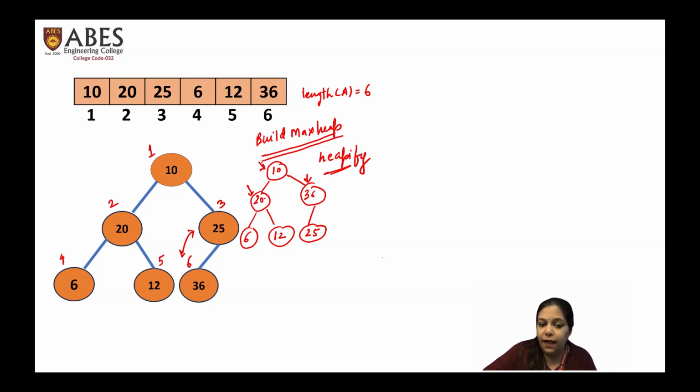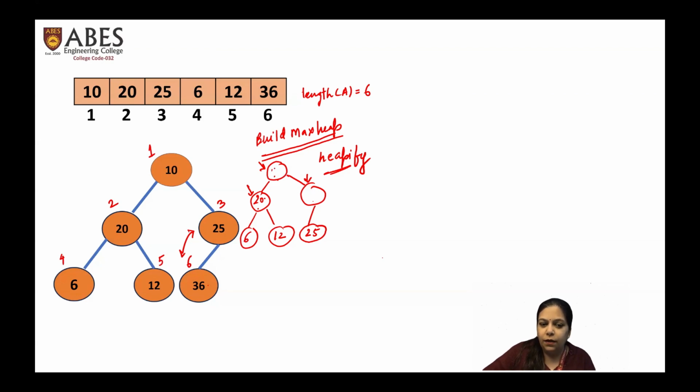Now, in order to heapify 10, we check this 10 with the left child. The left child is larger. Then we check this value with the right child. The right child is even larger. So this 10 will be swapped with 36.